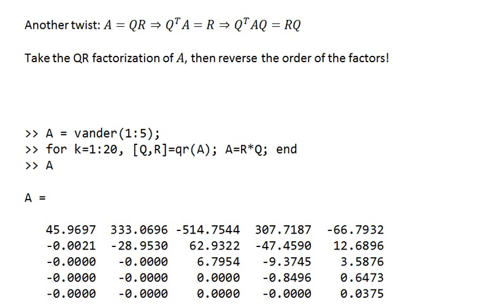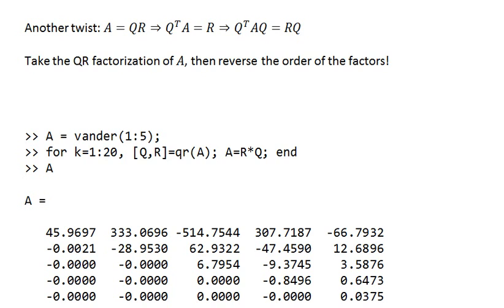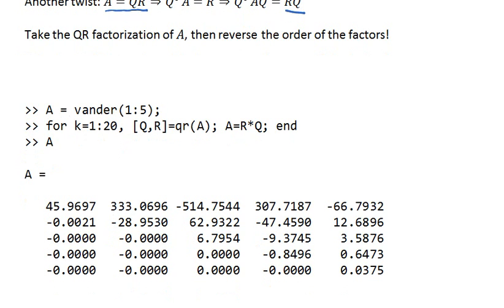And then the matrix that we substitute for A is Q transpose A Q. Well, since Q transpose A is R, that means what we really have is RQ. And so all we're really doing is saying, given A, take the QR factorization, and then reverse the order of the factors, and reassign that to A. It's really that simple.